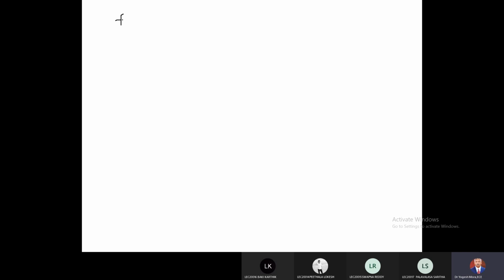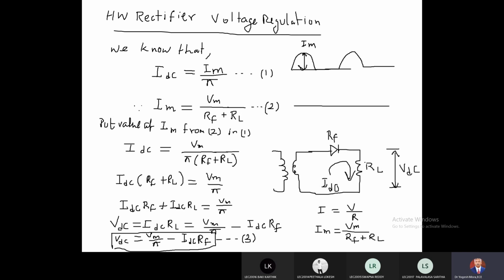So for no load, no load means we have not connected any load resistance. If, in this diagram, the load resistance is not there, then this IDC will not flow. So in equation number 3, here you can keep IDC as 0.